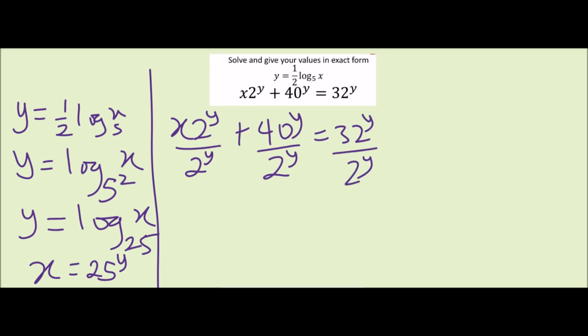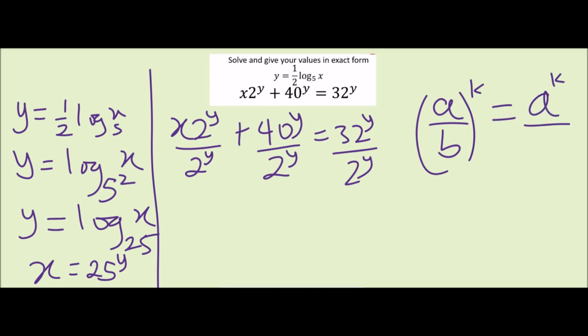Here I'm using another law of indices, that says if you have a over b, everything to the power of k, everything inside the bracket takes the power, which implies a to the power of k over b to the power of k. One thing about a law, you can work from the left to the right and also from the right to the left.